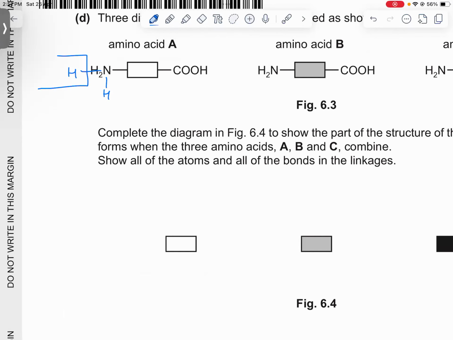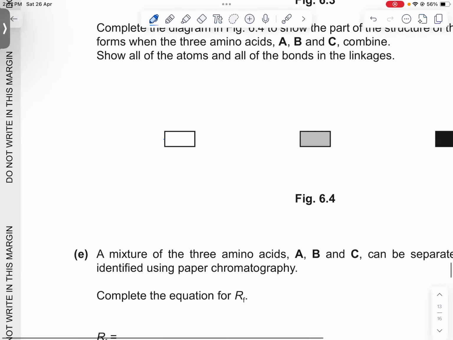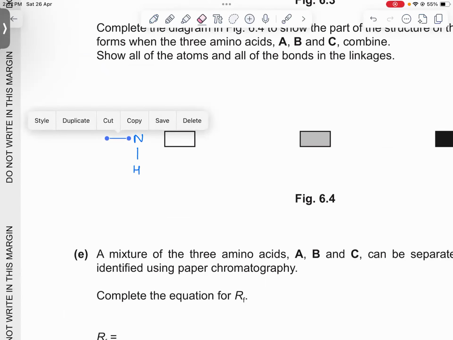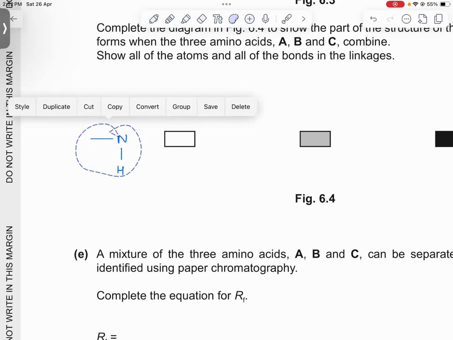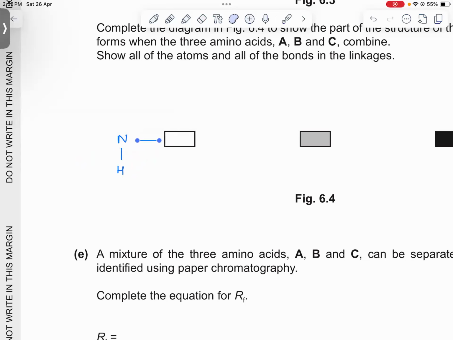This hydrogen goes. So what is left? Only the nitrogen and hydrogen over here, and then we have a bond that stretches out like this, but it's just stretching out. There is no significance of it. One second.